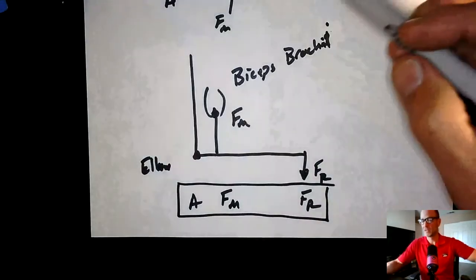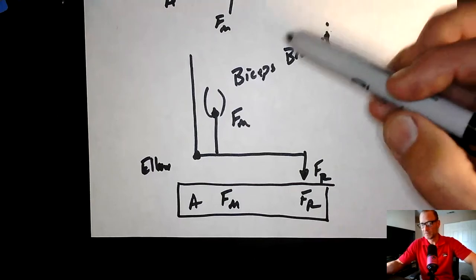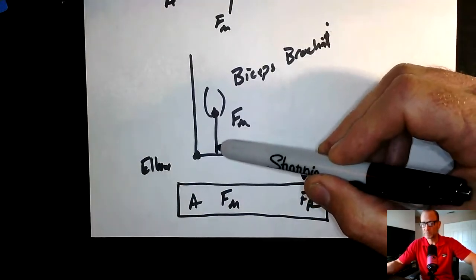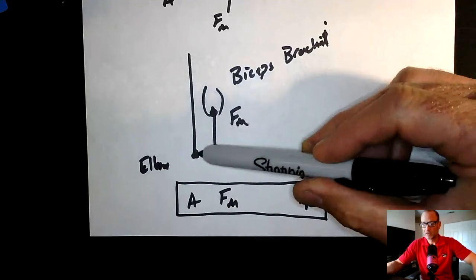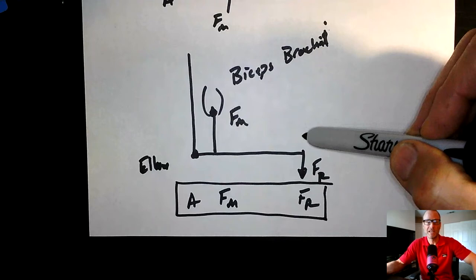An advantage of having our joint set up as a third-class lever is a very small displacement here close to the axis of rotation will actually cause a big displacement at the end.